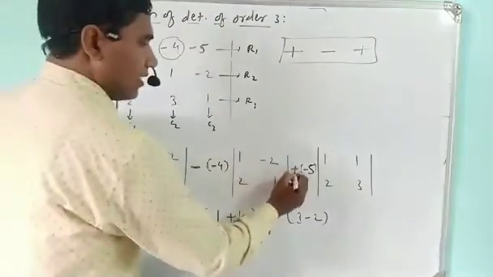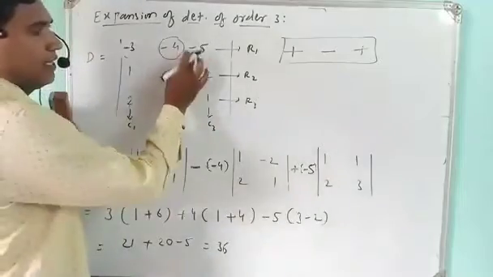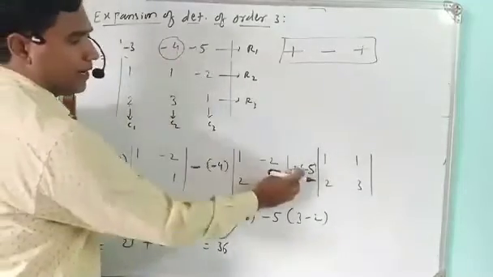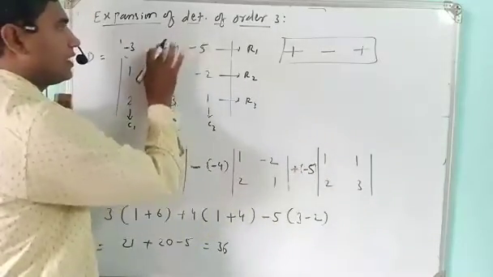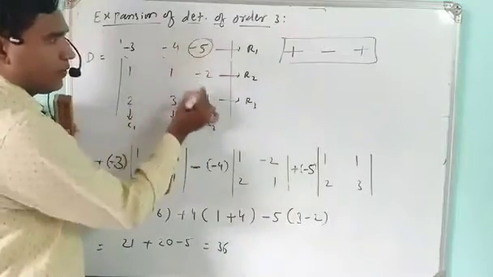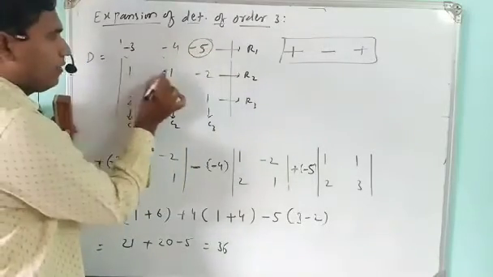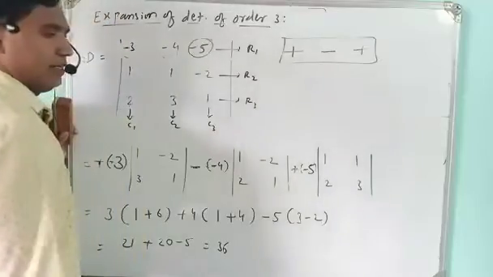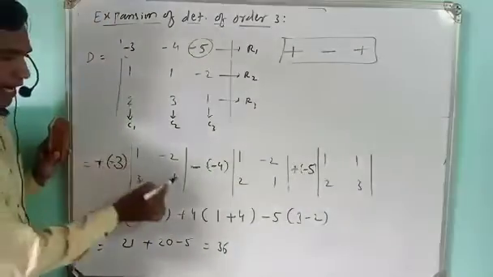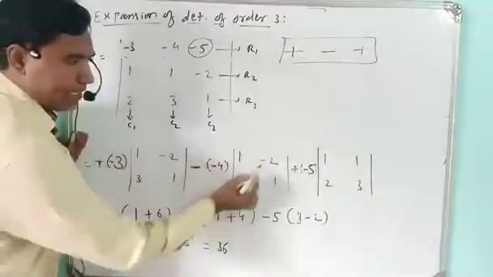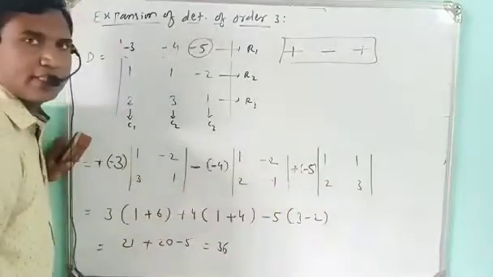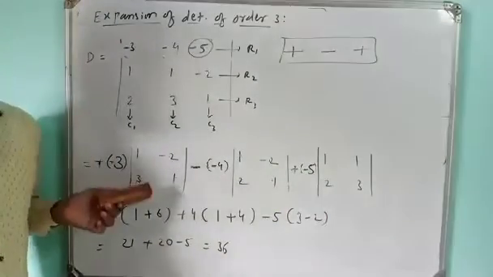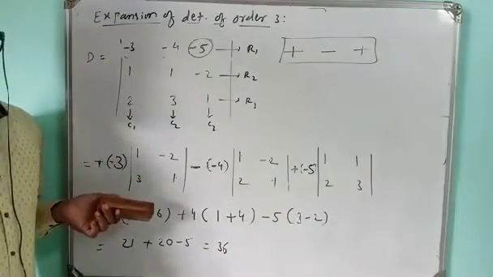Then third element is a plus. By rule plus, third element is a minus 5. What is the procedure? Same. Eliminating the column, eliminating the row. 1 1 2 3. Then you can solve it easily. It becomes AD minus BC, AD minus BC, and then AD minus BC. By using AD minus BC, you can solve very easily.